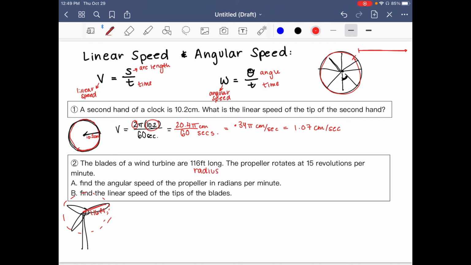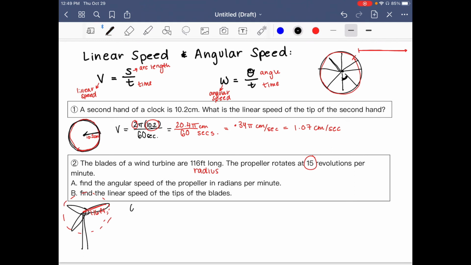The propeller rotates at 15 revolutions per minute. Okay, 15 revolutions per minute. They're asking us to find both the angular speed in radians per minute and the linear speed of the blades. Okay, let's start with the angular speed.